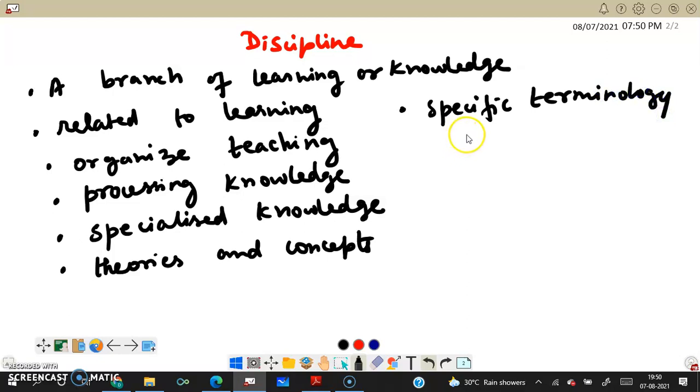For example, in mathematics, there is specific terminology, like special symbols, that is very much specific to mathematics. So it has some specific terminology that is specific to that particular discipline only. The people who belong to the discipline only know about those terminologies.